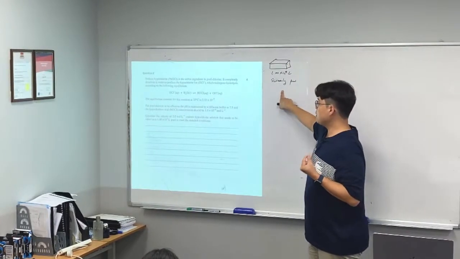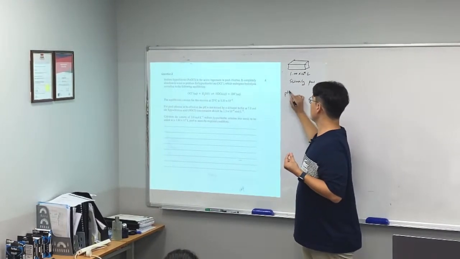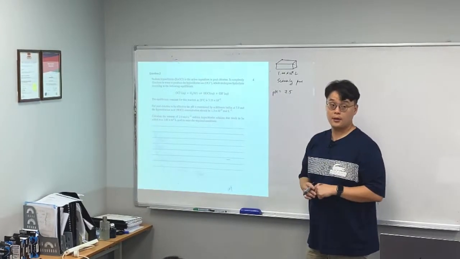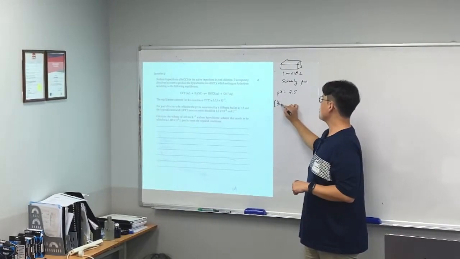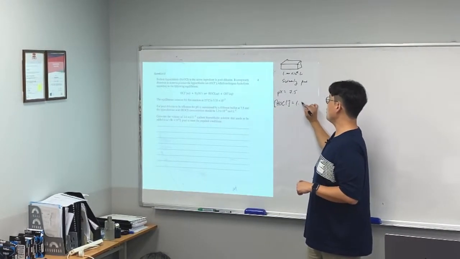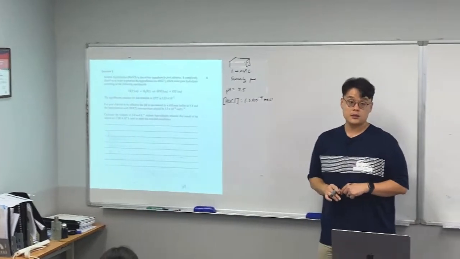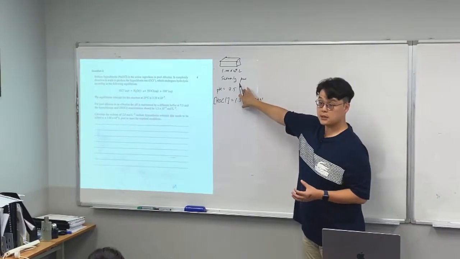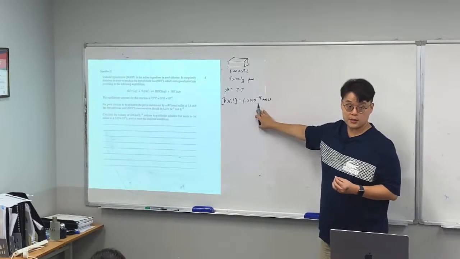What you want to make is the pH of this pool to be 7.5, and the concentration of the HOCl in that pool must be 1.3 times 10 to the power of minus 4 mole per liter. So this is the aim. We want to make the swimming pool of this size have this pH and this concentration. Everyone okay to understand the question there?